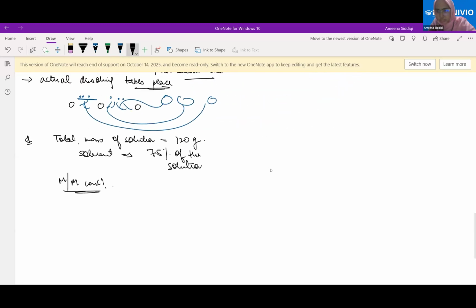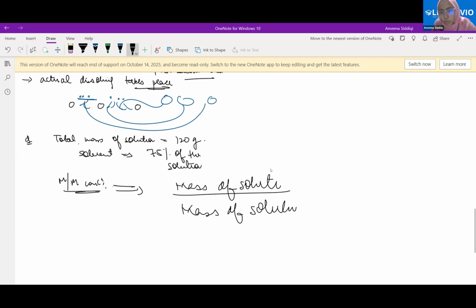The best approach to this, I'm solving it here. First, know the formula: mass by mass percentage is the mass of solute divided by the mass of solution, into 100%. What should be the unit in both the cases?